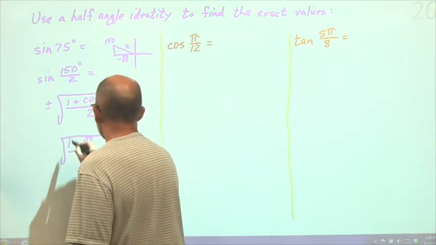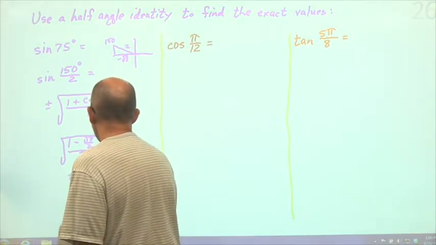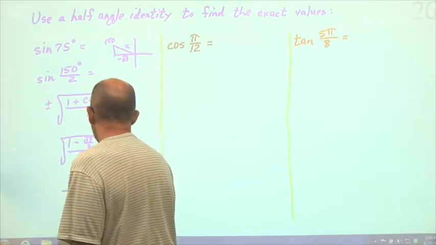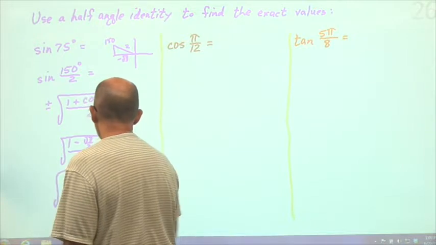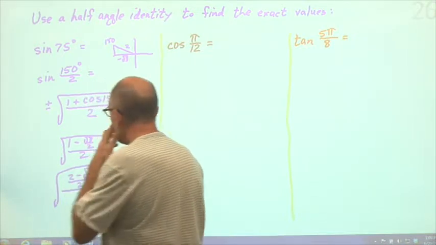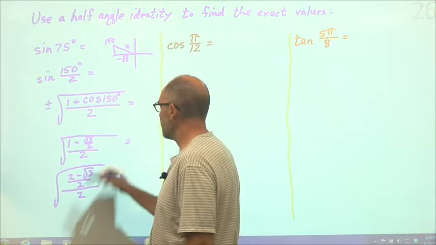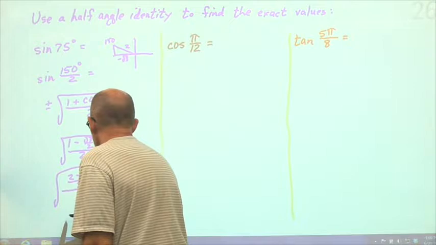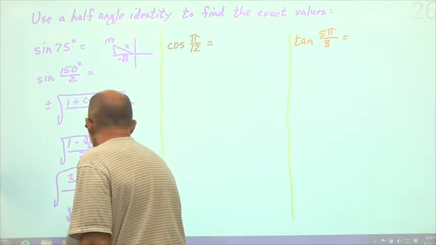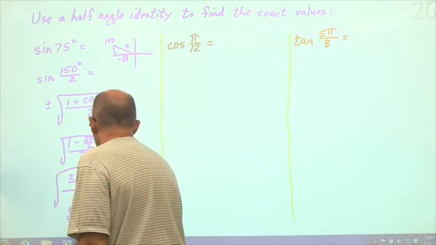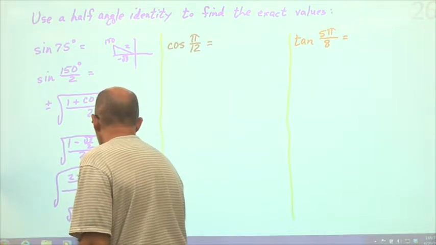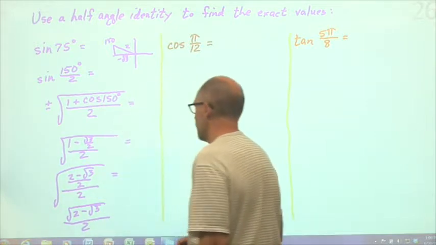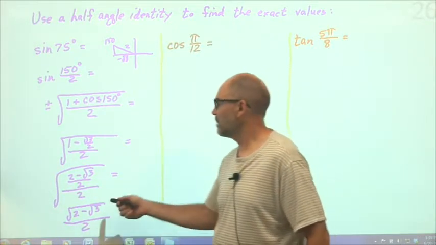So it's going to be 2 minus square root of 3 all over 2, all over 2 under the radical. Now, when I flip the bottom and multiply, that gives me square root of 2 minus square root of 3 all over the square root of 4. So that's as simple as you can make it.